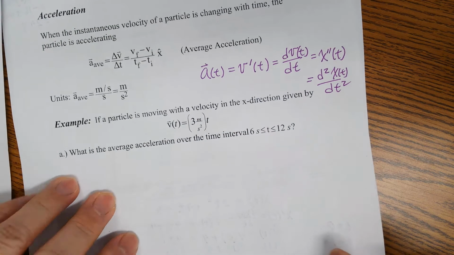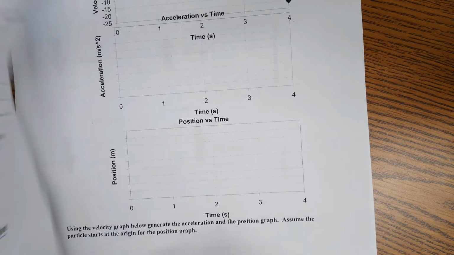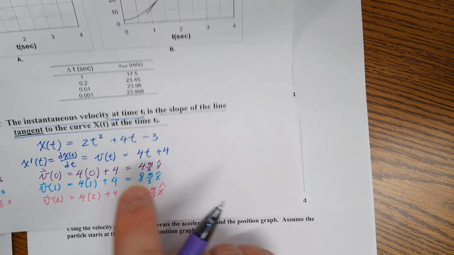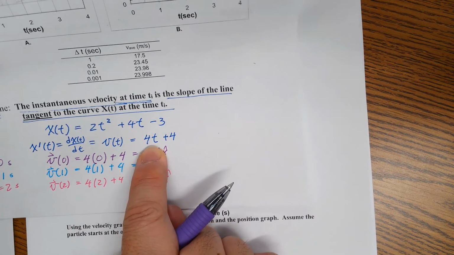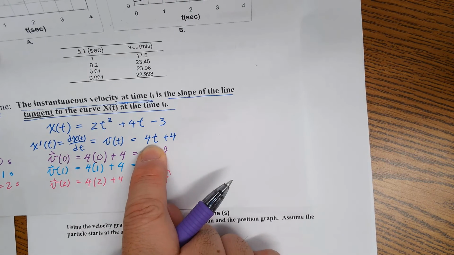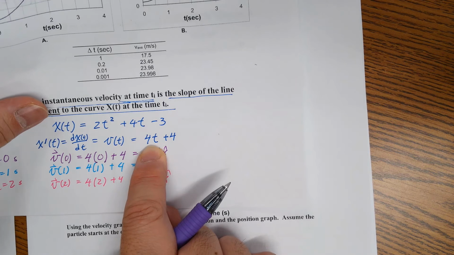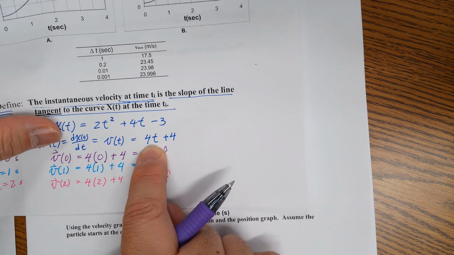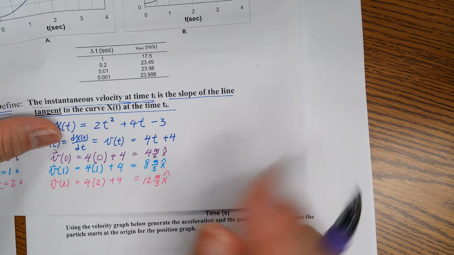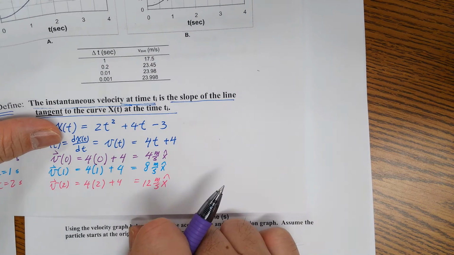So if we were to use the previous problem right here, let's say this one, if I take a derivative of this, it's only going to be just 4. So this motion will have constant acceleration of 4 meters per second squared all the time.